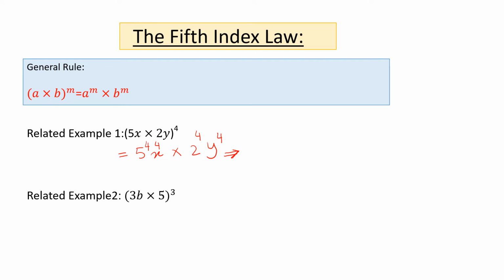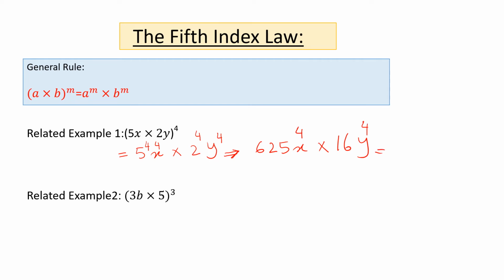So 5 raised to the power 4 means 5 times 5 times 5 times 5, which is 625, x raised to the power 4 times 2 raised to the power 4, which is 16, y raised to the power 4.